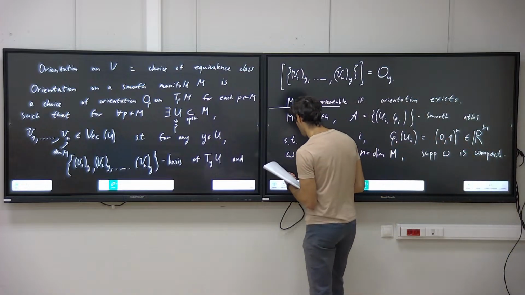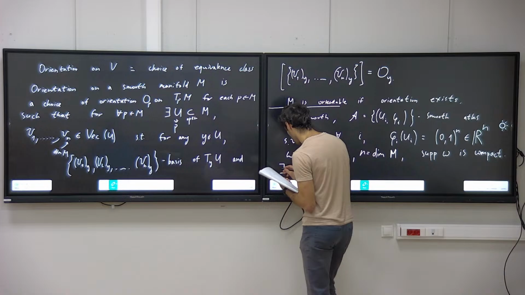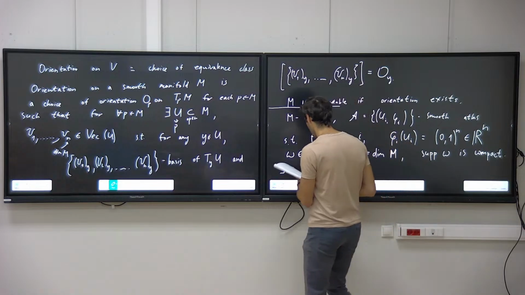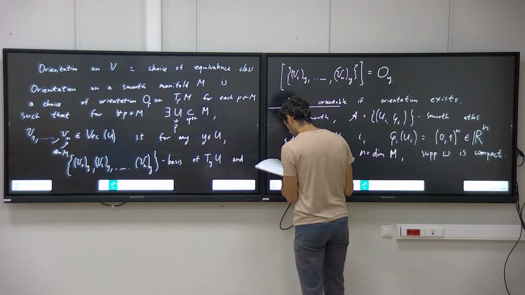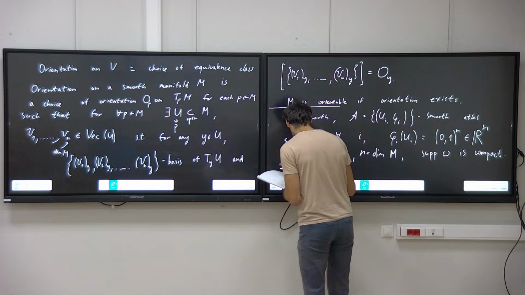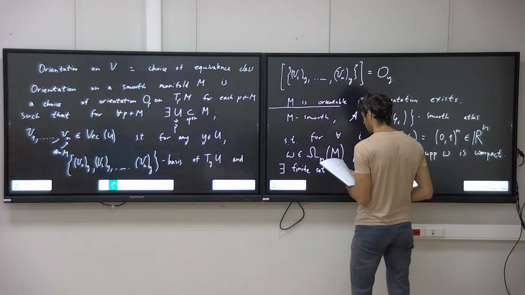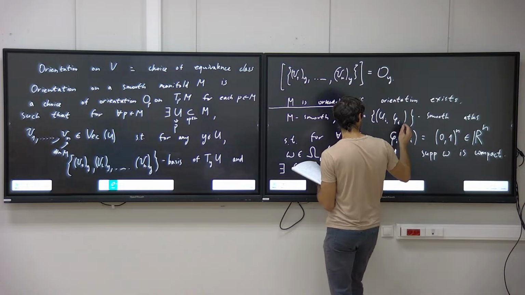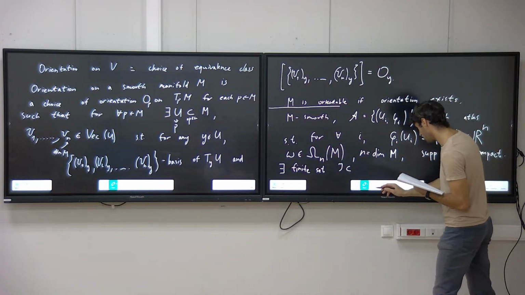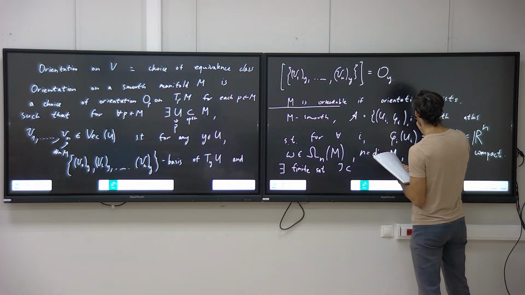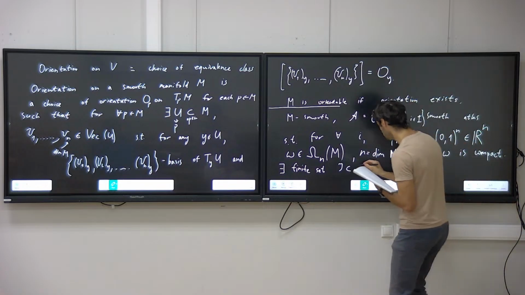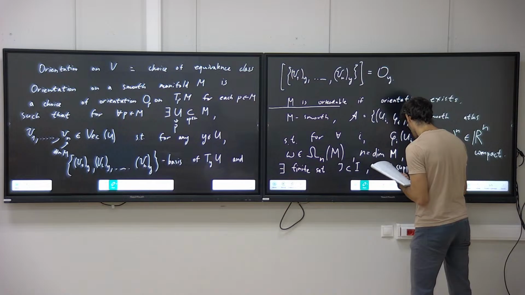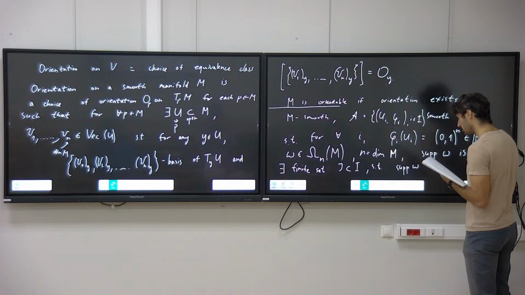And also there exists some finite set J, where I runs over J, such that support of omega, right?